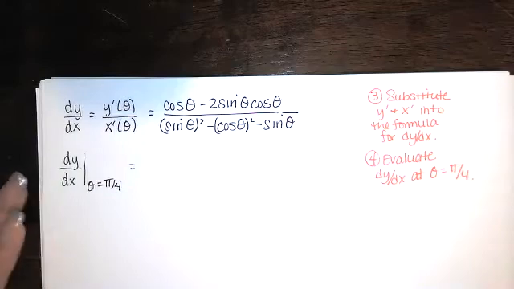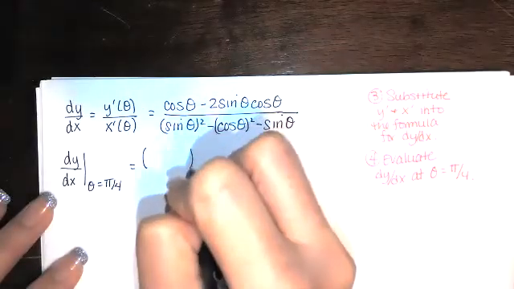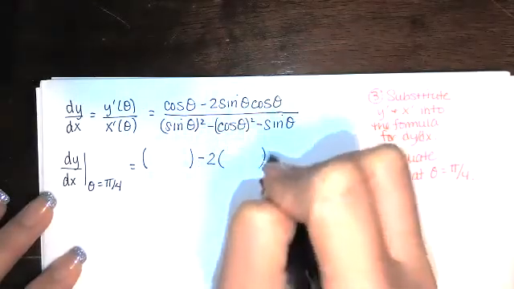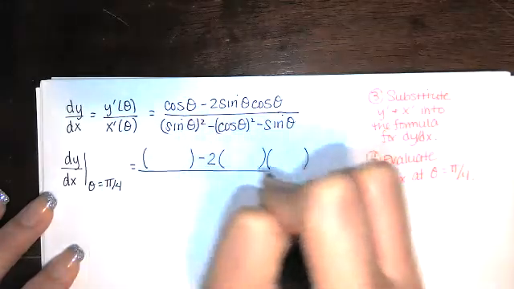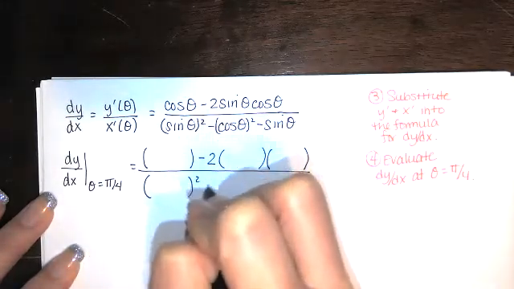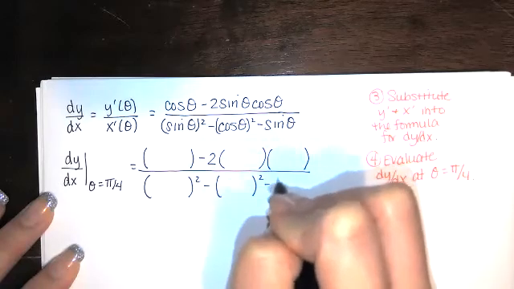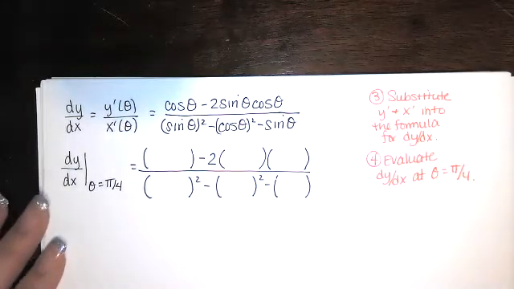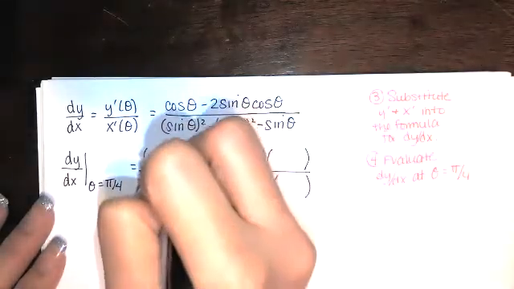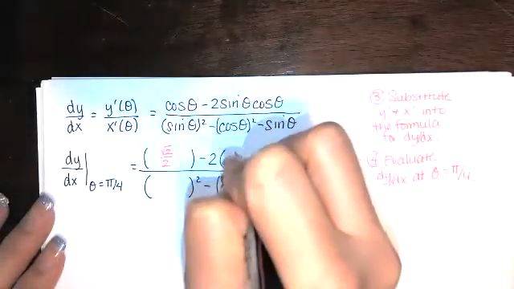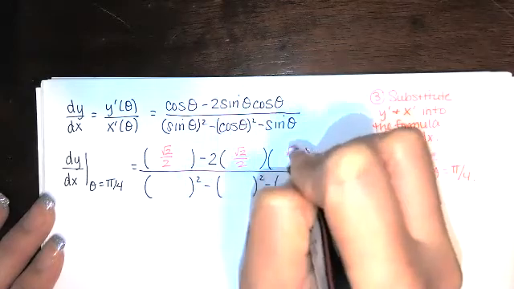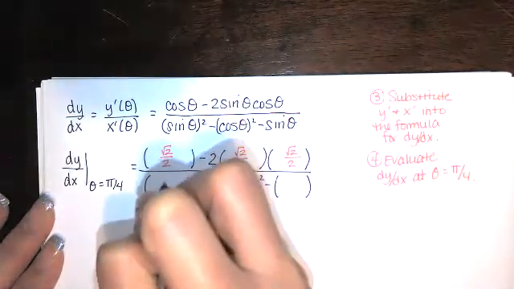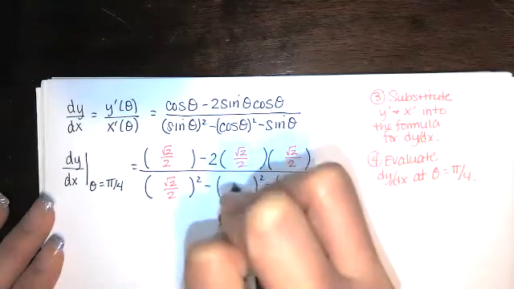Now with a 45-degree angle, that's pretty fortunate and pretty simple. We know sine and cosine of pi over 4 are square root of 2 over 2. So we'll have square root of 2 over 2 here, square root of 2 over 2 here and here. And in the denominator, we'll have the same thing.